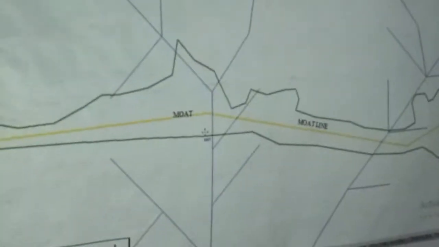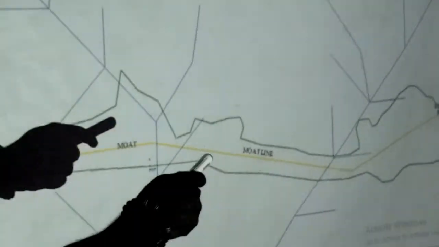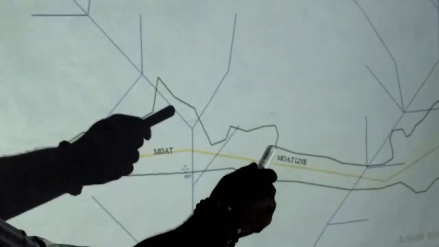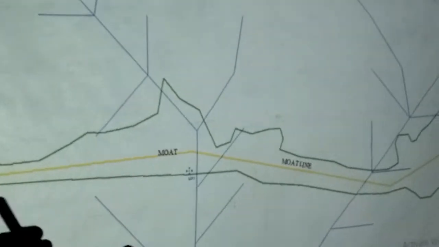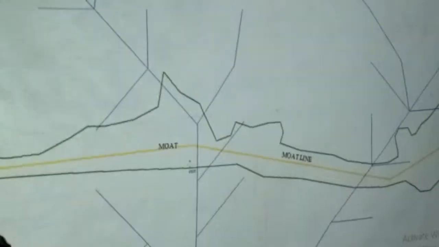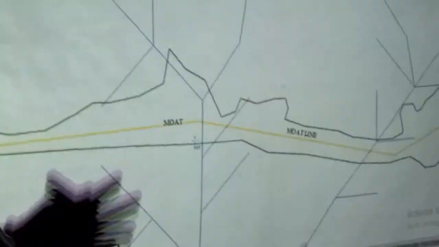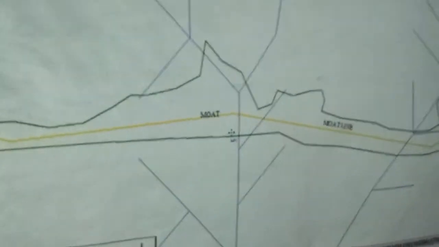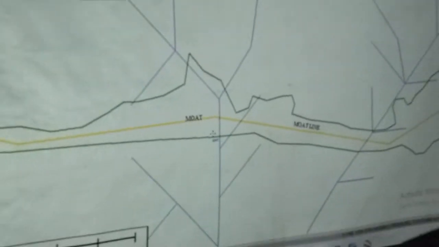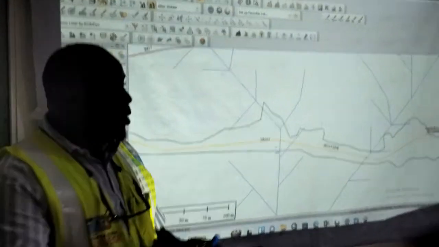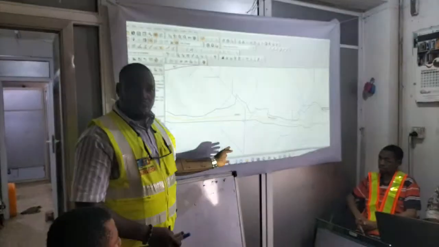Fine. What we want to do is to take advantage of this naturally occurring ditch to increase the storage capacity. So what we are saying here is that we need to size the discharge location.